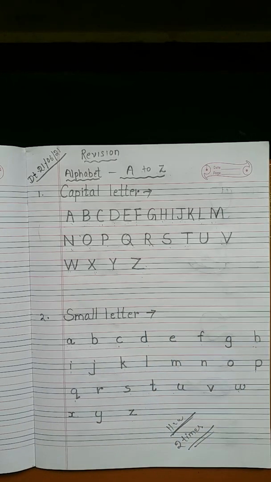How many letters, children? 26 letters in our English alphabet.